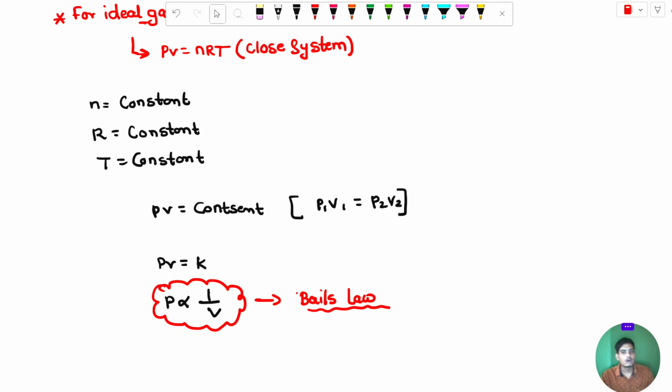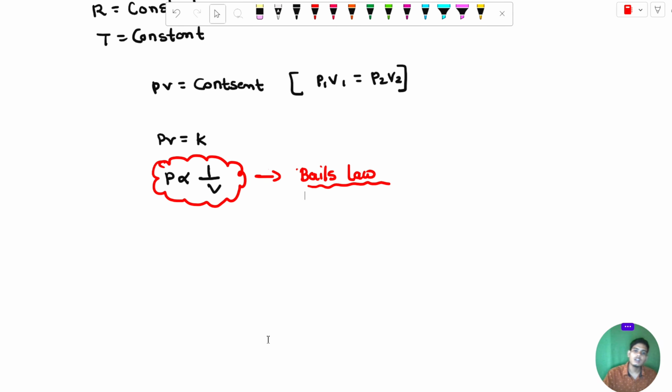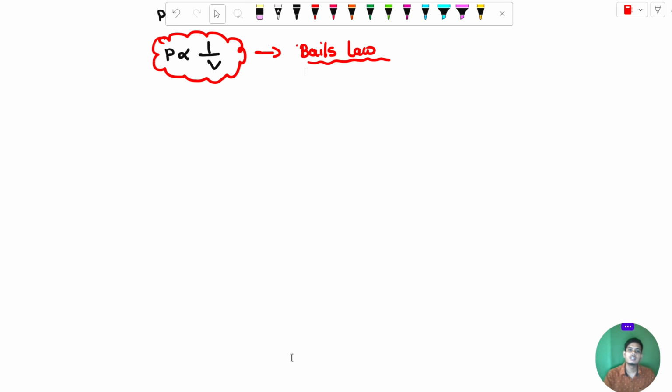Now we move to the next equation of the ideal gas for the isothermal process. In a closed system, delta U is equal to n Cv delta T, and this value is for internal energy.